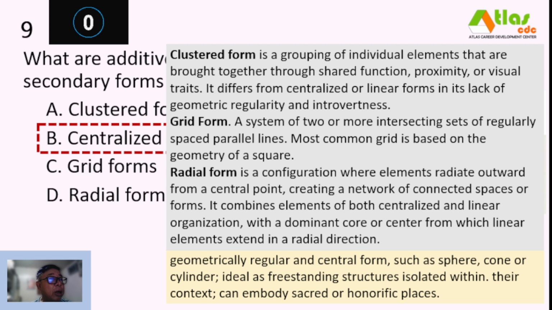Most common grid is based on the geometry of a square. And radial form is a configuration where elements radiate outward from a central point, creating a network of connected spaces or forms. It combines elements of both centralized and linear organization, with a dominant core or center from which linear elements extend in a radial direction.